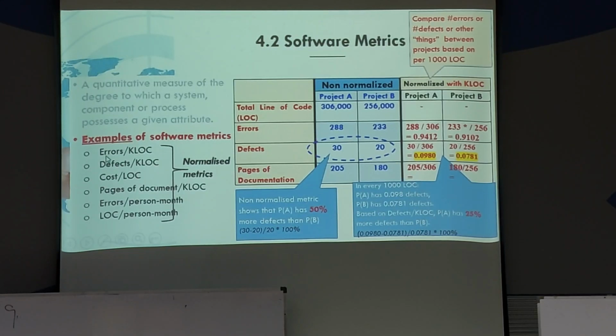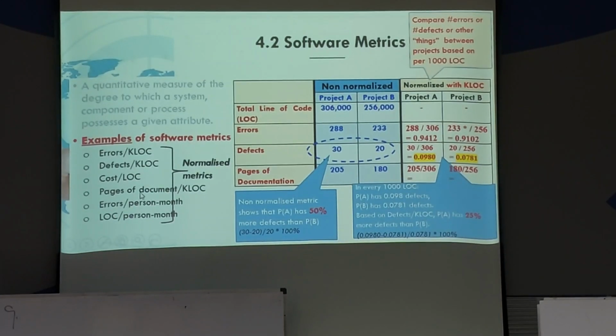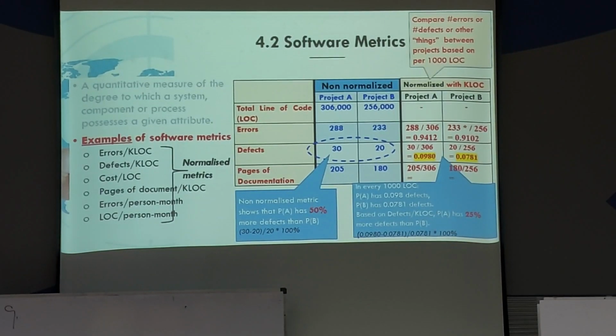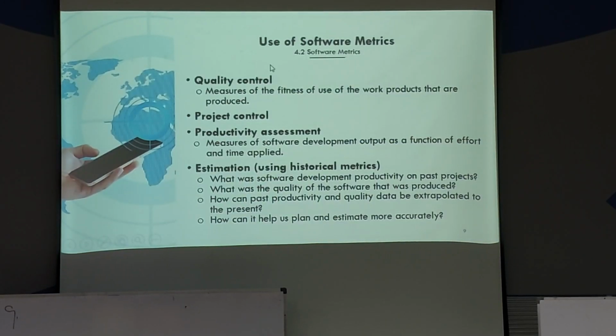You can normalize errors by dividing by 1,000 lines of code: defects per 1,000 lines of code, cost per lines of code, pages of document per 1,000 lines of code, errors per segment, lines of code per segment. Use normalized metrics to give a better, fair comparison. Otherwise, you are not comparing fairly between projects.